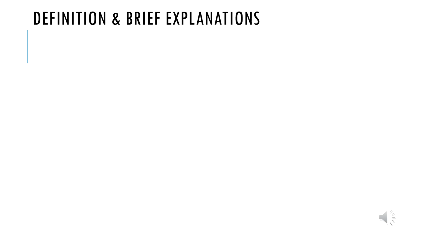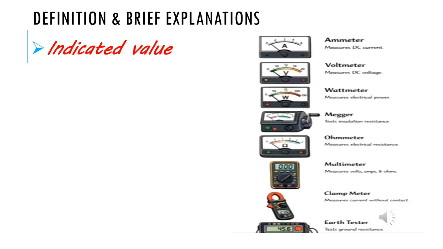Now, let us look at indicated value. The indicated value is simply the value displayed or indicated by a measuring instrument. Let us take an example. Suppose we connect a voltmeter across an electrical load and the meter displays 230 volts.